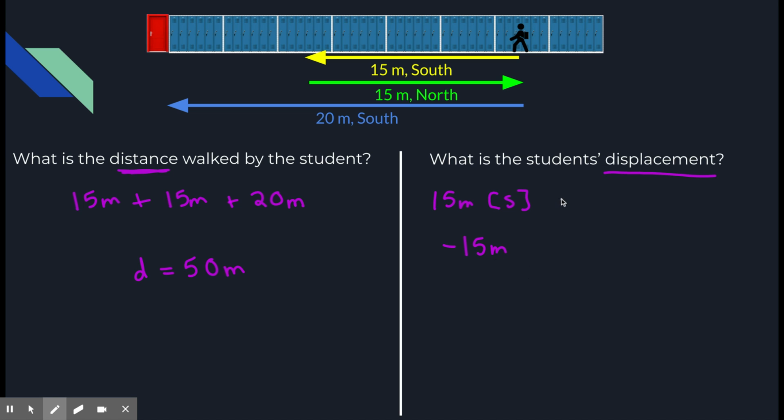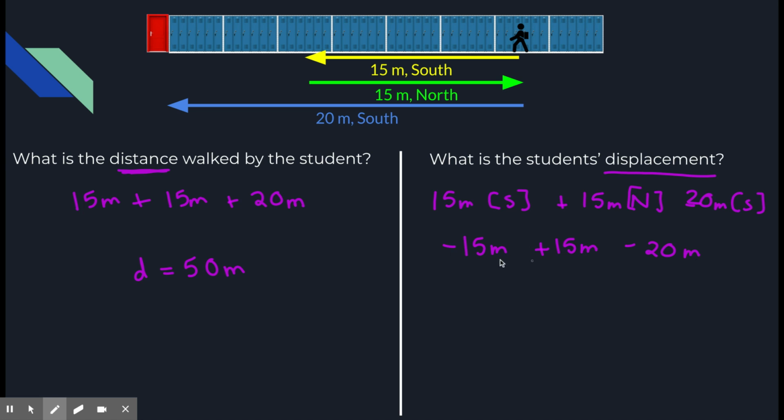Then they travel 15 meters north, the other way, so positive 15. And then they go another 20 meters south, so negative 20.